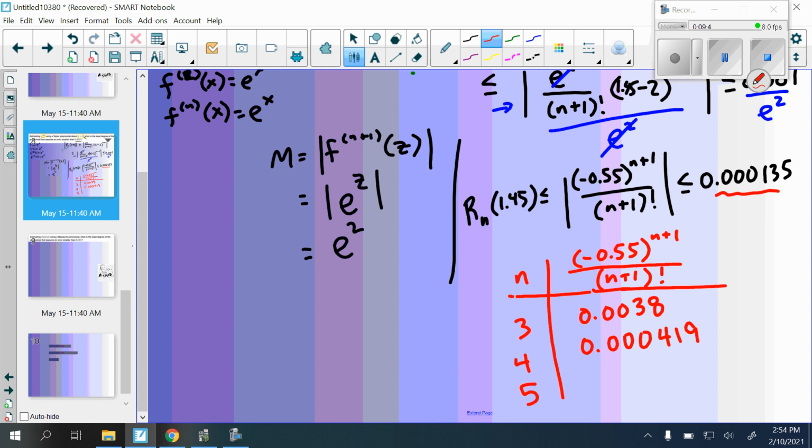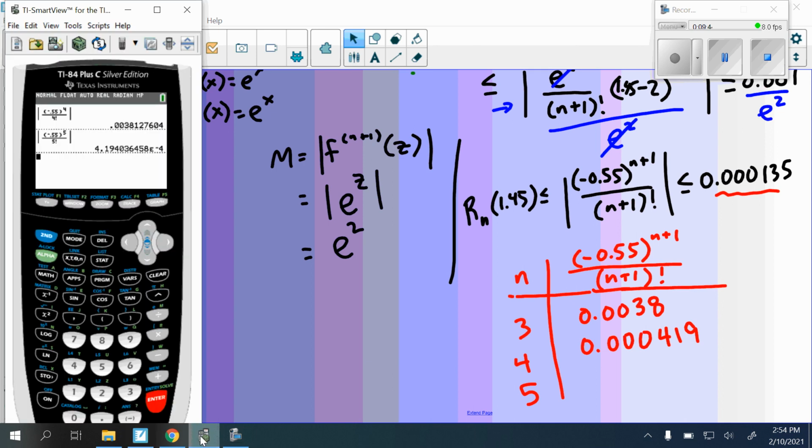Let's just check here. What if we put 5 in? So I'm going to copy and paste that again. Now let's change those to 6s, because 6 would be our number if we put n equals 5 in there, because it's n plus 1. So change these to 6.